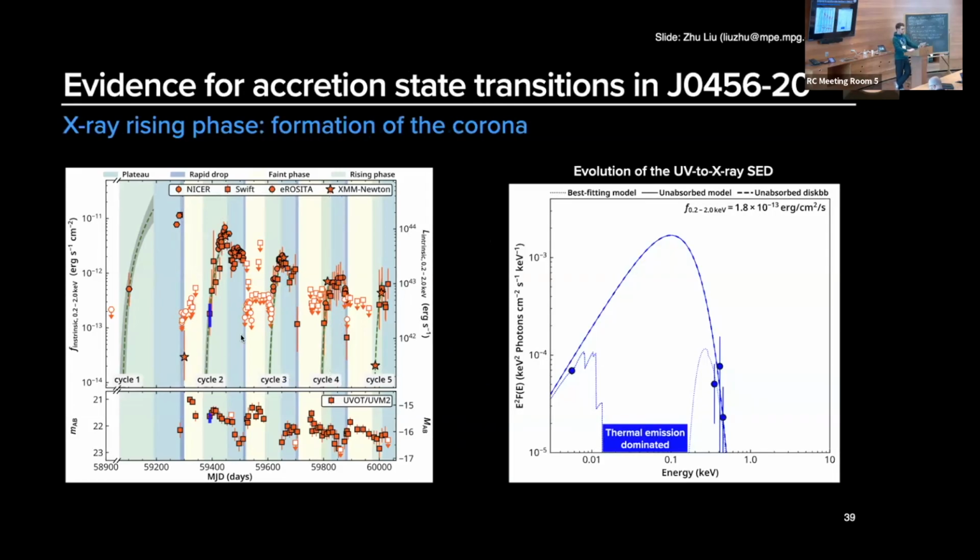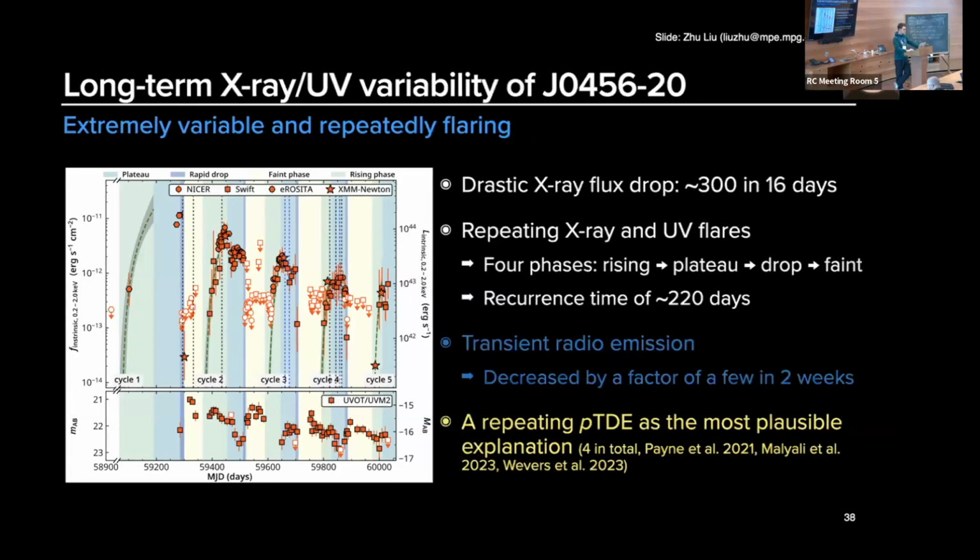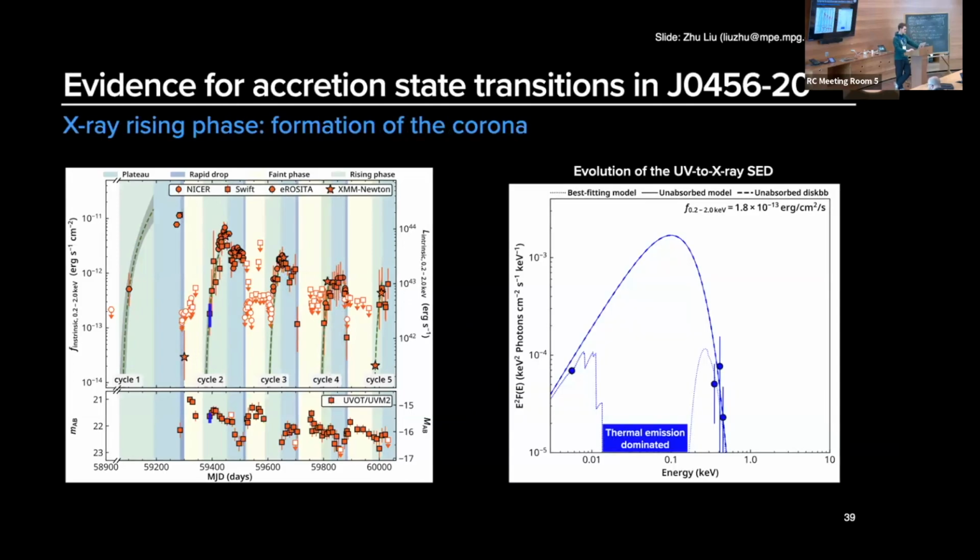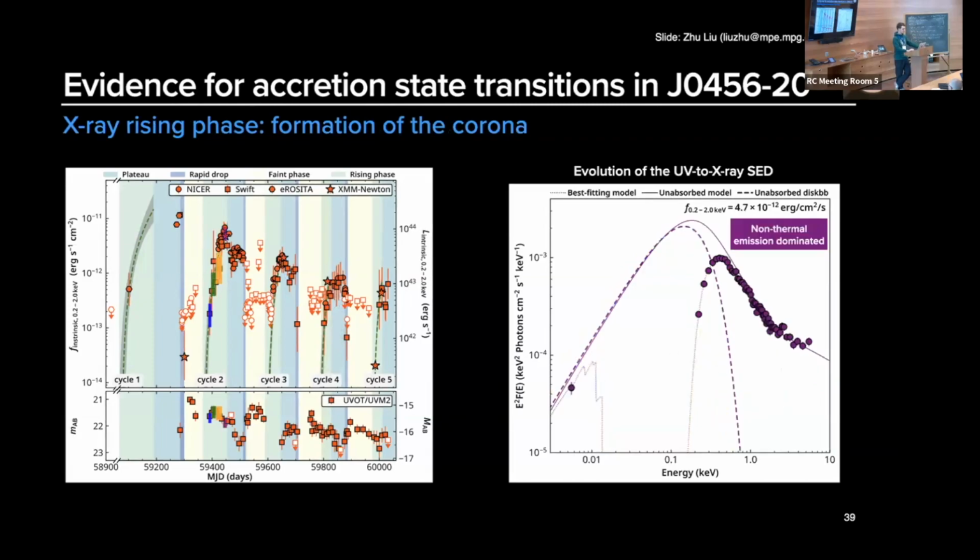But yeah, the reason for that is when the system is X-ray faint, the X-ray spectrum is thermal emission dominated, so it looks like the Wien tail of the disk. Then as the system brightens, you have increasing comptonization of this component. So this green spectrum here is this green data point here. And then again, increasing comptonization.